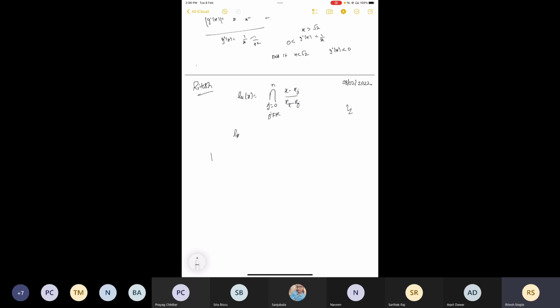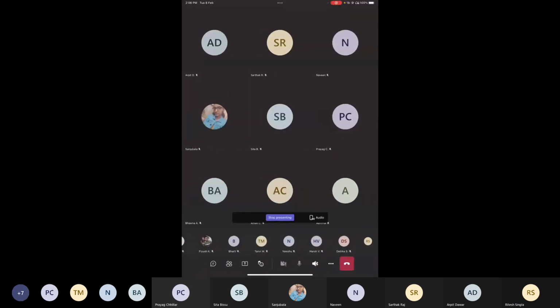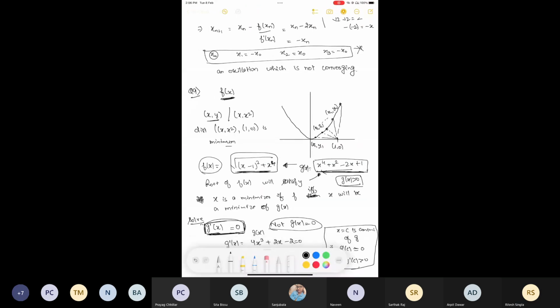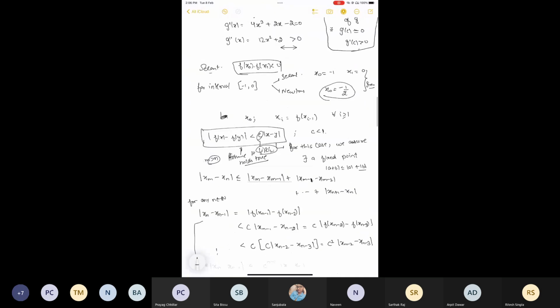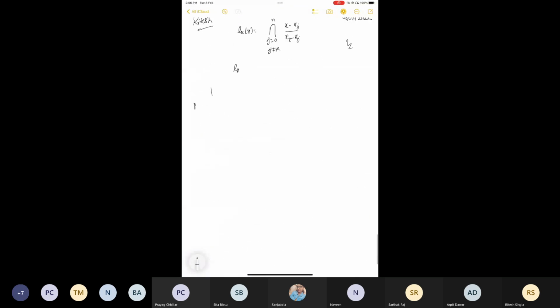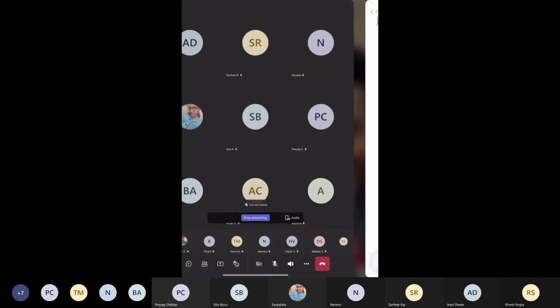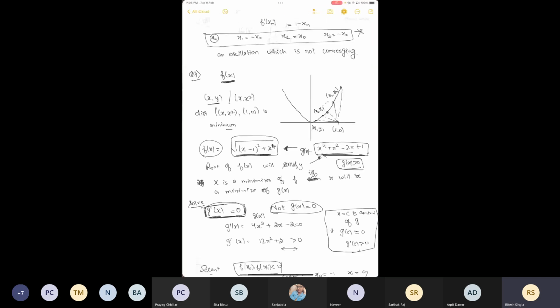So Lk of x. Yeah, I think that it is working now.